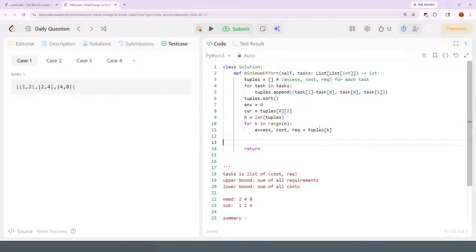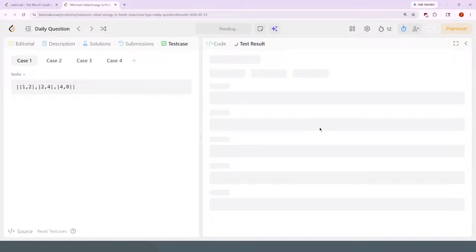And I'm just going to go with a wild guess that current is equal to the max of current plus cost, or whatever the requirement would be. And then that's it. I think this works for the test cases.